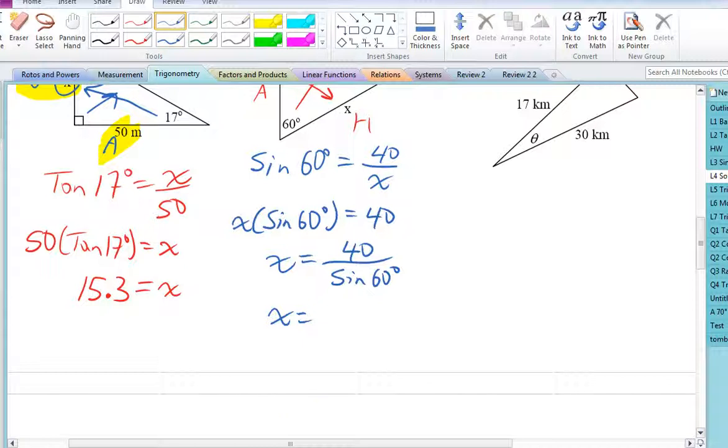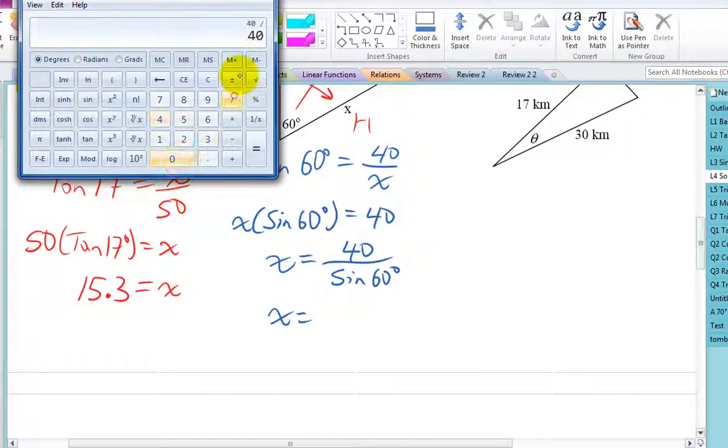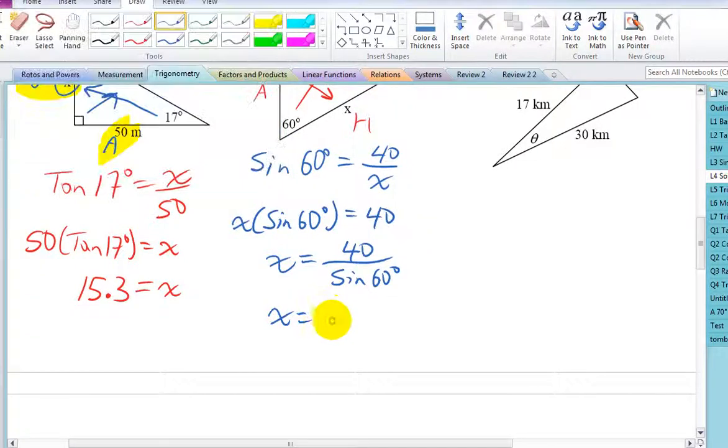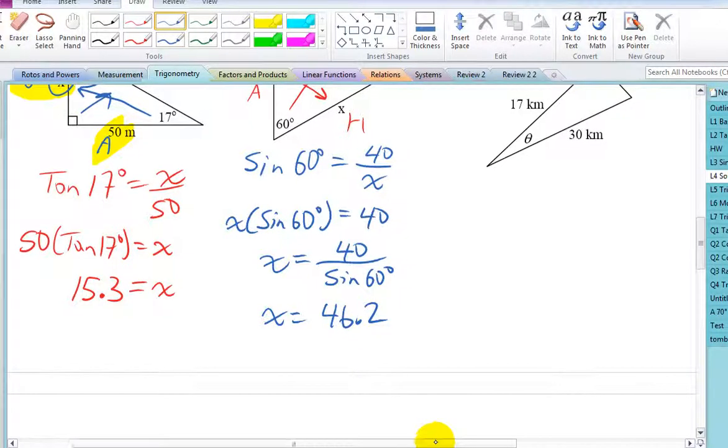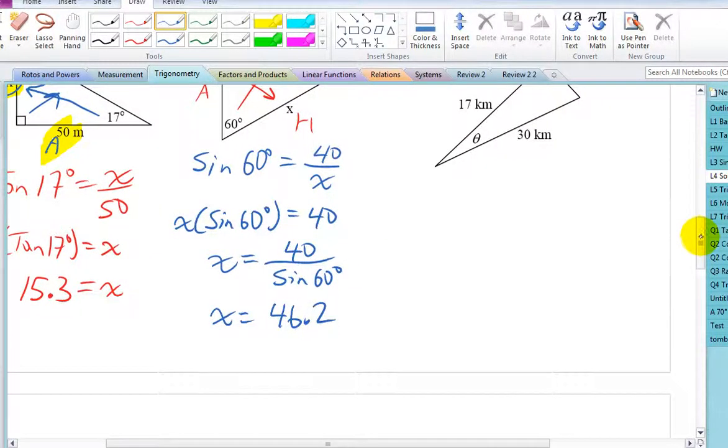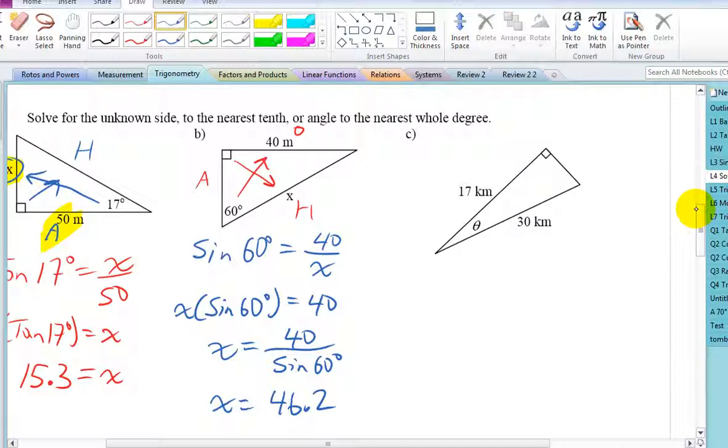Then we can go to our calculator. That's not right. There we go. 46.2. How many people got that? Okay, try the next one now.